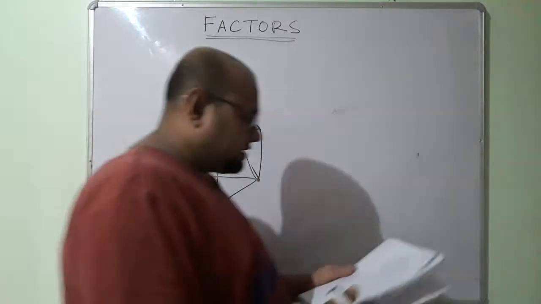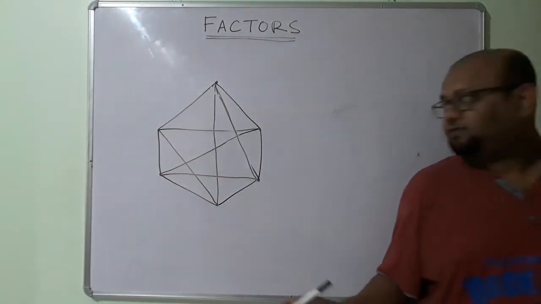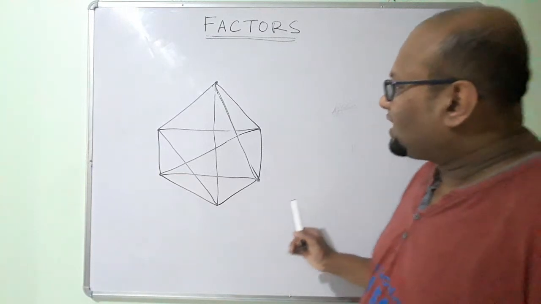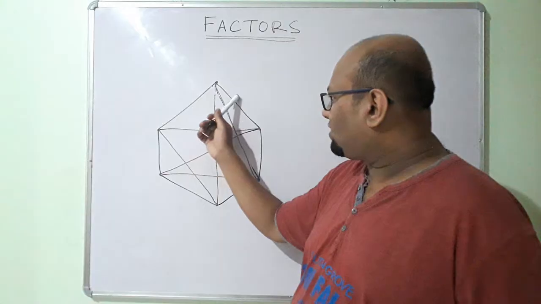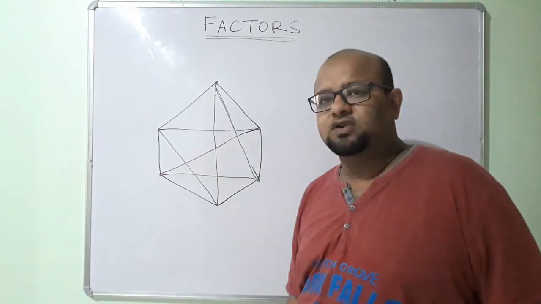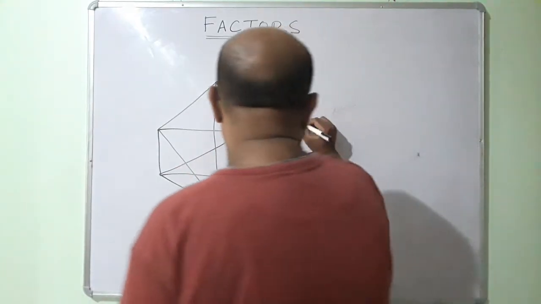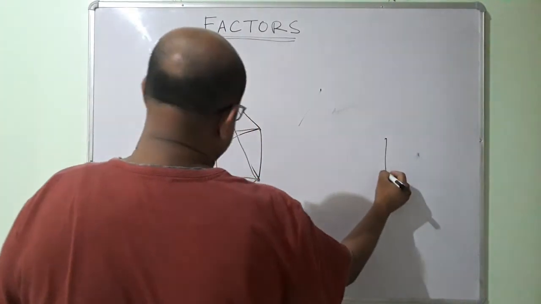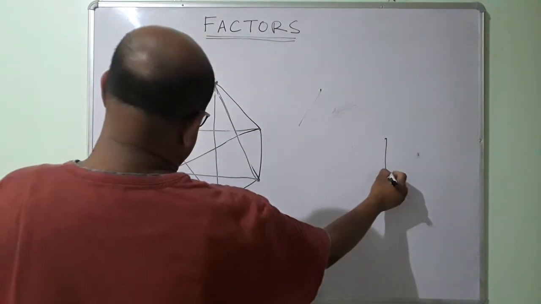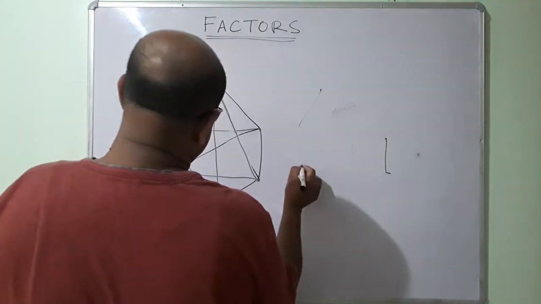Let us look at this graph and see if we can get a one factor out of this. I believe I can. Yes, we can get a one factor out of this. So we can get a matching. If I take this, then this, and this.